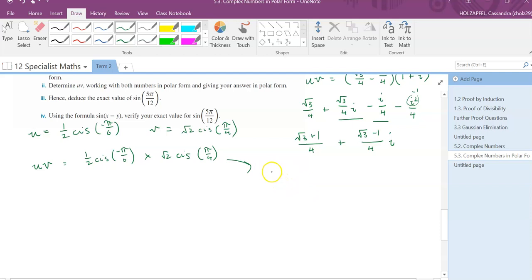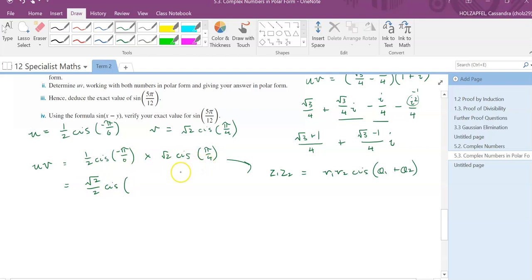So if I have two polar numbers multiplied together, then I'm going to multiply the two values at the front. So that's going to be R1 times R2 cis, and then I'm going to add the angles there. Now, if I was dividing, I'd be dividing these, and then subtracting the angles from each other. So we're going to have root 2 over 2 cis, and then I'm going to add these two angles together.